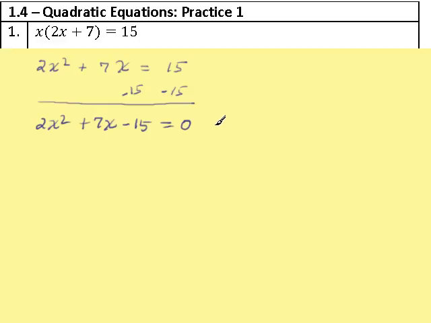And the first thing we do is we try factoring. In general, to solve a quadratic equation, usually what we do is try factoring, and if that doesn't work, then we'll use the quadratic formula, unless it's in a form where we can take the square root of both sides. So factoring first, let's try that.